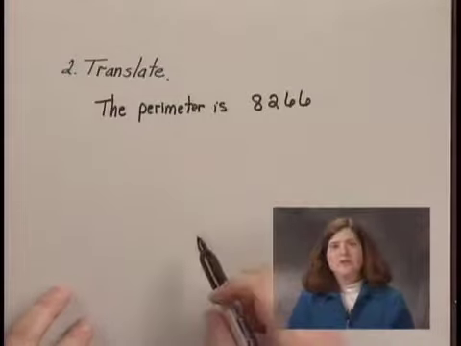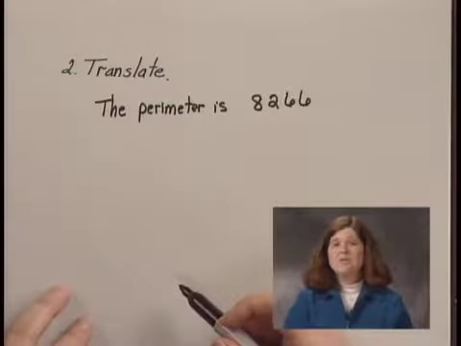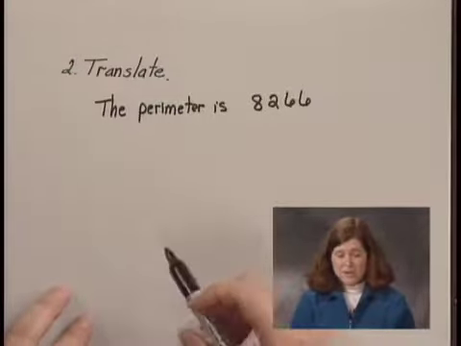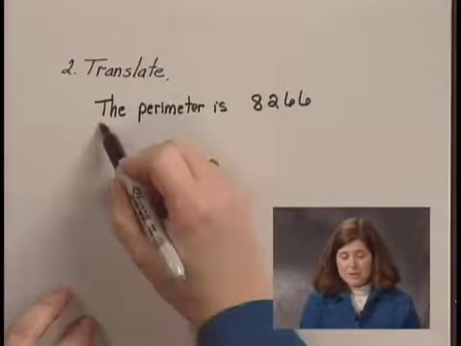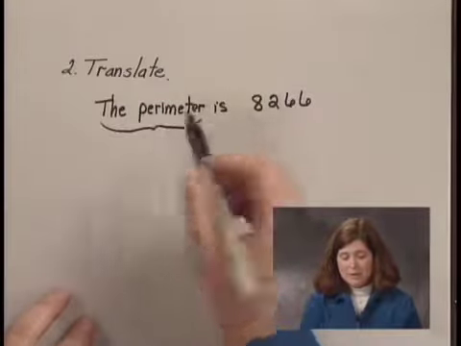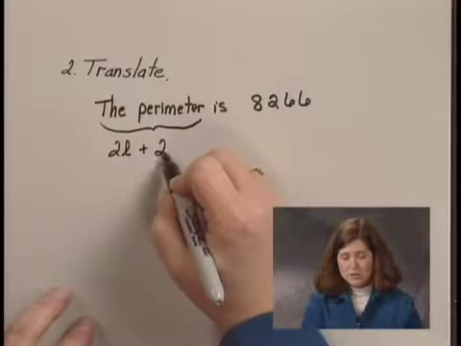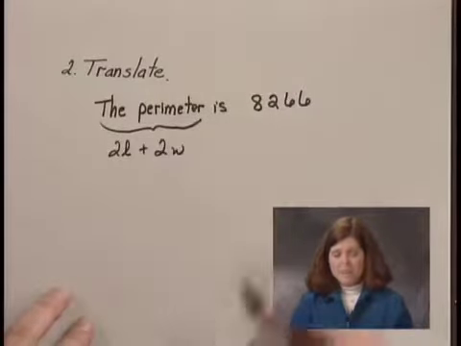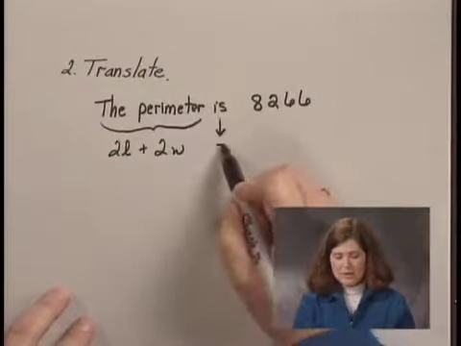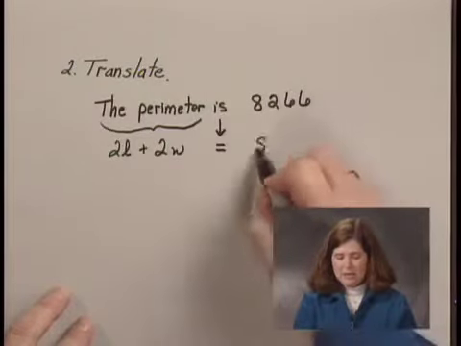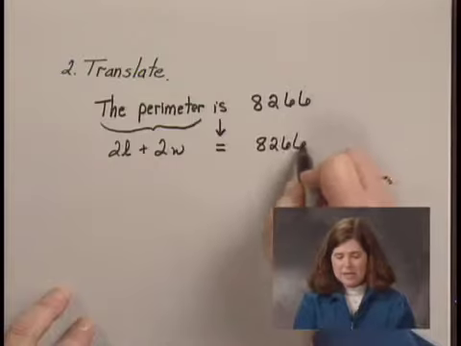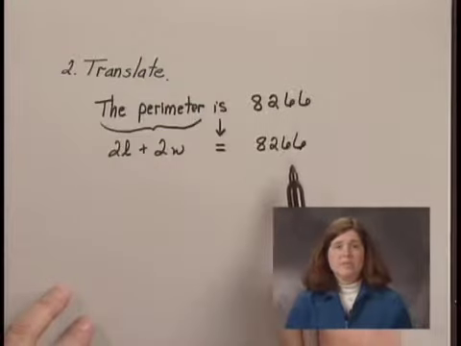Now, how can we translate that to mathematical language using our variables L and W? Well, we know that the perimeter is, in terms of L and W, 2 times the length plus 2 times the width. Is translates to equals, and we have 8,266. And this gives us an equation.